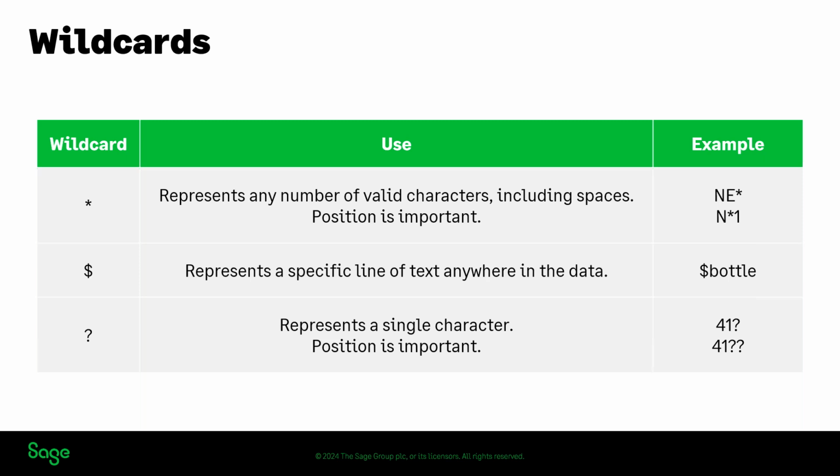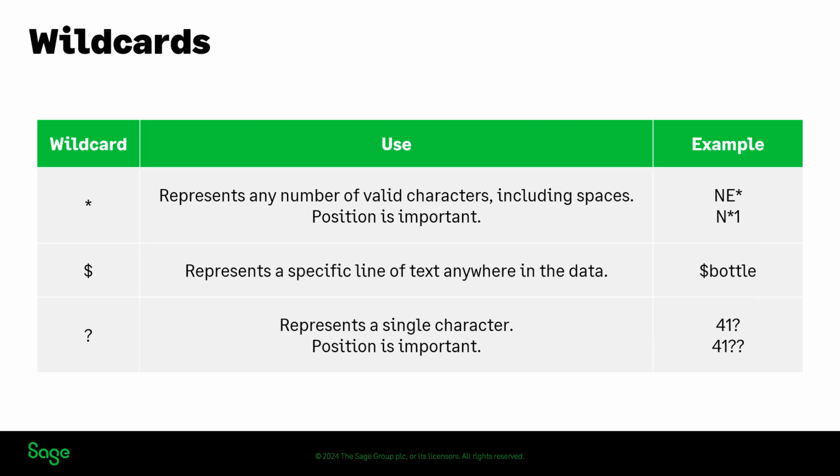The last one is the question mark. I very rarely use this one, but it is available, so I better tell you a little bit about it. The question mark represents a single character. Positioning is important again with that one. In the first example, we'd be looking for 4-1, then a question mark.